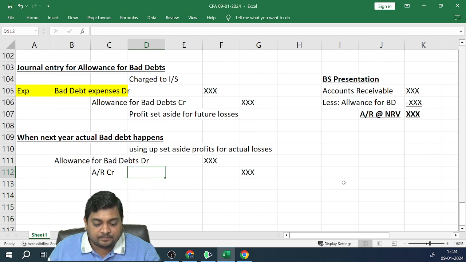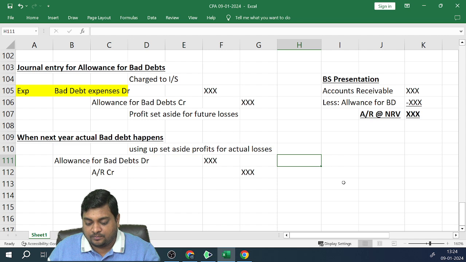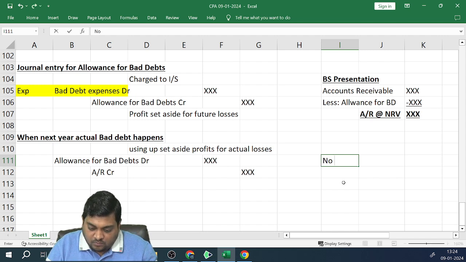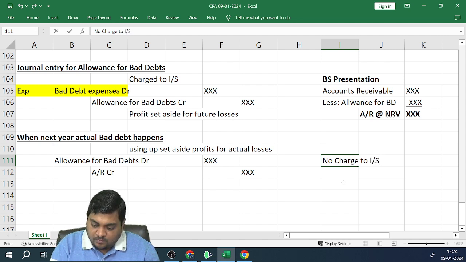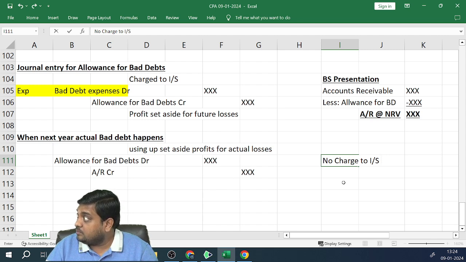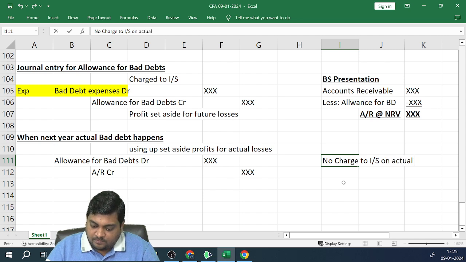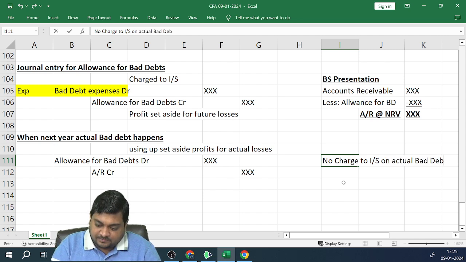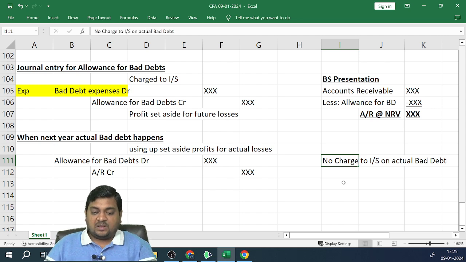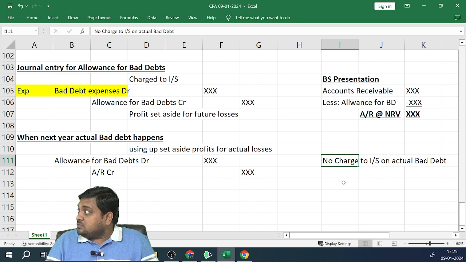Right? No charge to income statement on actual bad debt, because already last year I have shown matching.